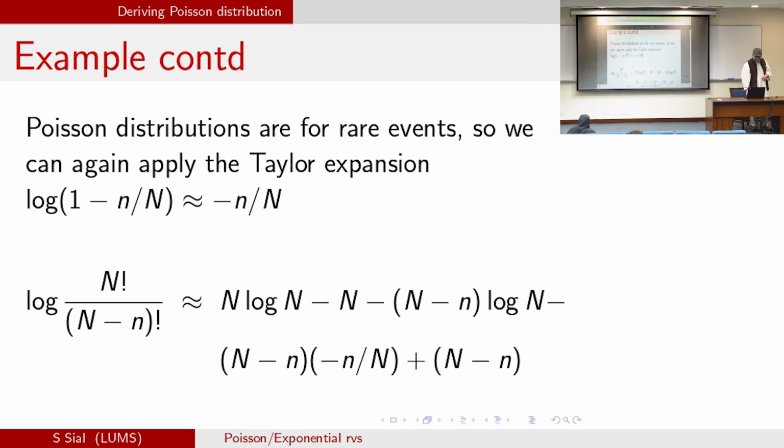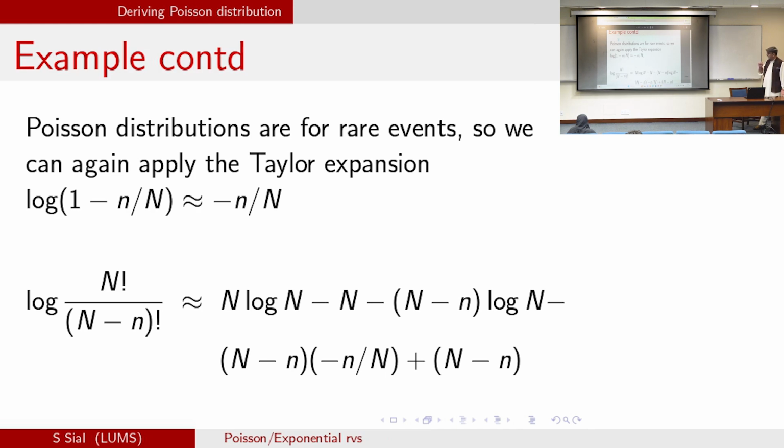Okay. As I said, we are looking at events that on a small enough interval or in a small enough area, a success has a very small probability. Okay?